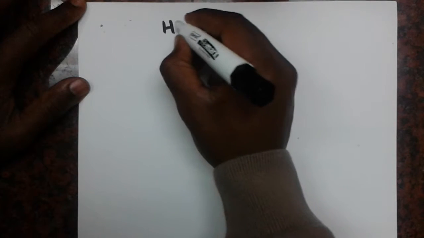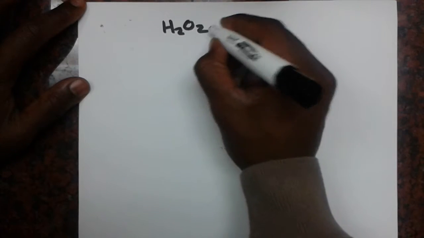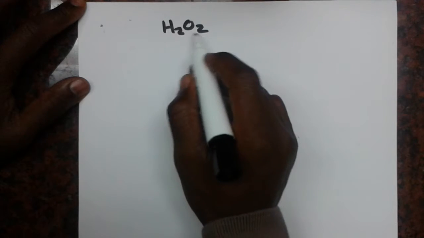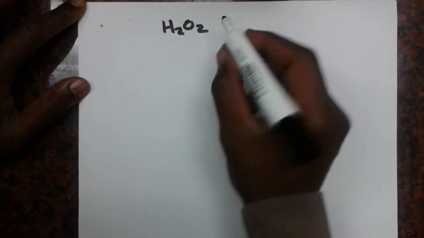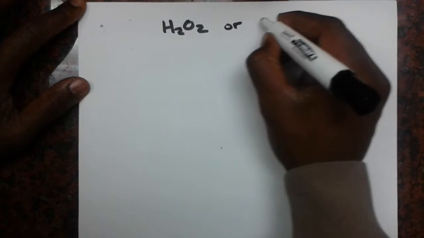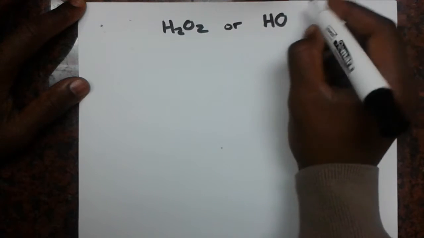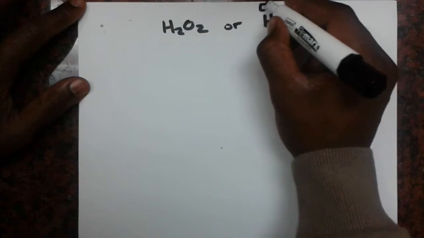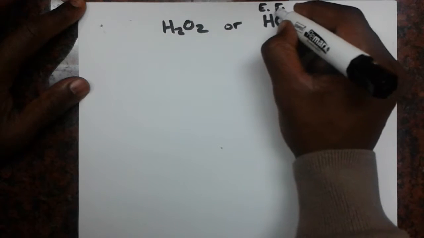So therefore, in the case of peroxide, we saw that you can have a molecular formula that displays the actual amount of atoms in the molecule, or you can have the empirical formula that just displays the relative amounts.